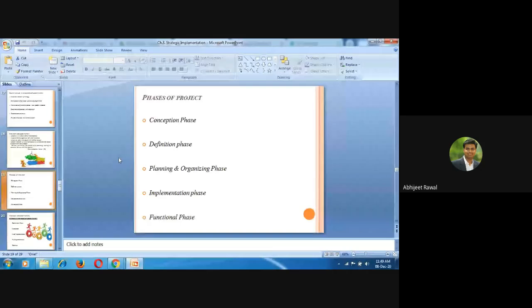Implementation. So whatever strategies, the major portion of the work before the project is your implementation, the strategy implementation phase. Okay, for example land acquire किया, construction चालू किया, वहाँ पे जो जो मशीनरीज आपको चाहिए वो मशीनरीज आपने परचेस किया, इक्विपमेंट परचेस किया, raw materials and whatever tools are required by the organization that you have purchased.